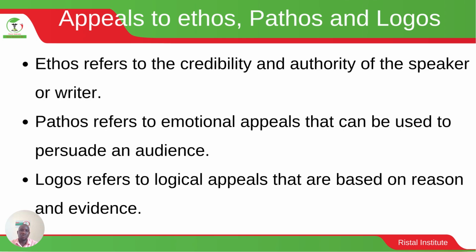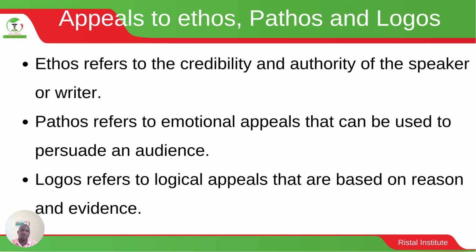And then we move to appeals to ethos, pathos, and logos. In argumentation, there are things that are expected of you. You should be very credible and a person who has authority over the matter you are discussing, that is ethos.